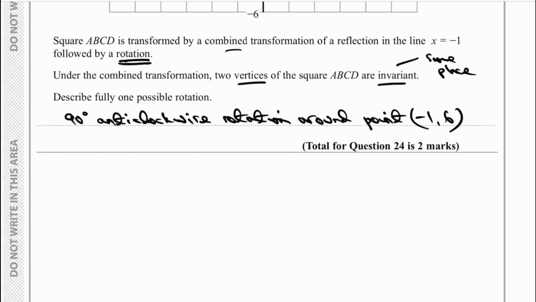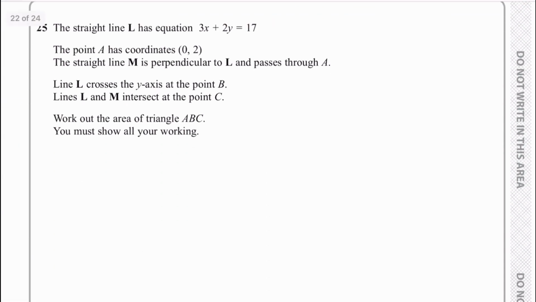I would imagine that would be quite a tricky one, but a little bit of tracing paper might help. Okay, we'll move on then to the very final question, and we've got a straight line with the equation there. Now, the problem is that it's been given to us in a way that isn't exactly recognizable, because we do want this in the form y equals mx plus c. The reason is that it allows us to imagine the gradient and also the y-intercept.